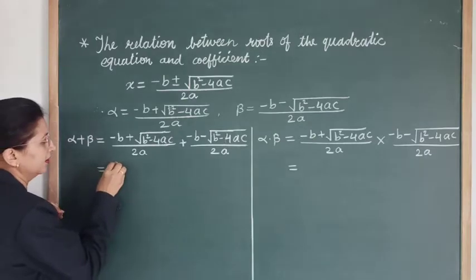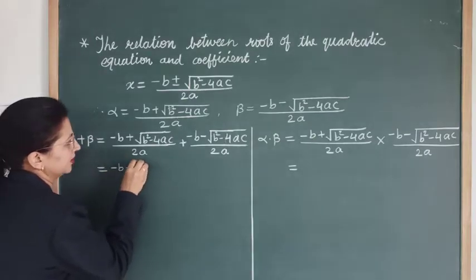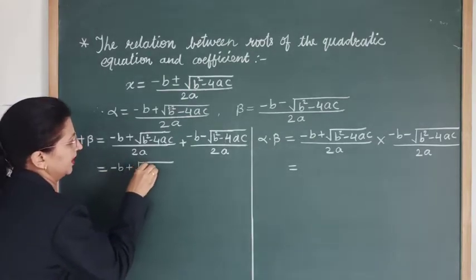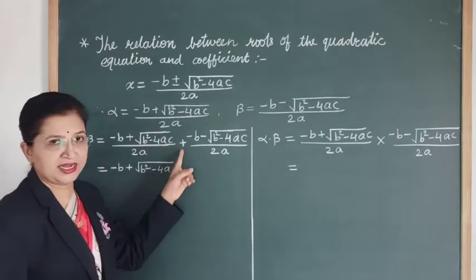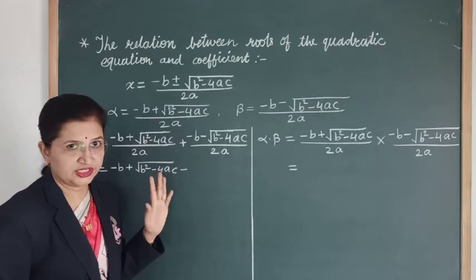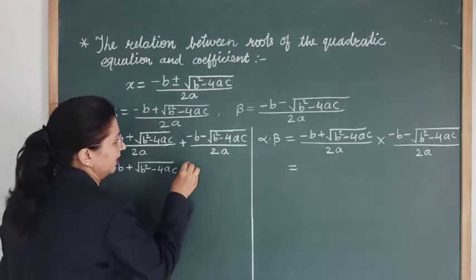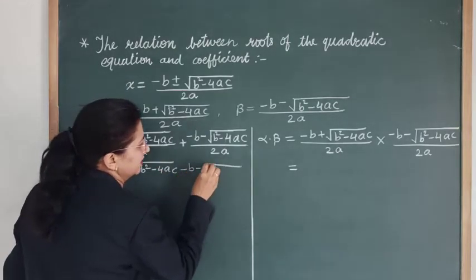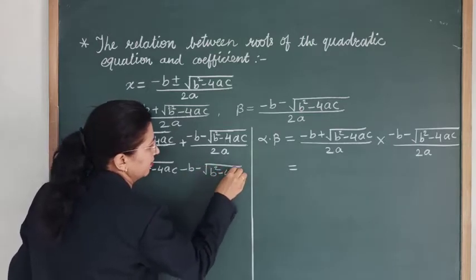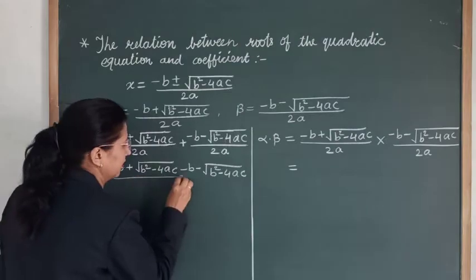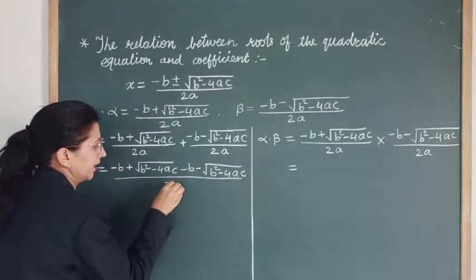Here the plus sign is there, so the sign will not change, and we write it directly: negative b minus b, under root b square minus 4ac upon 2a.